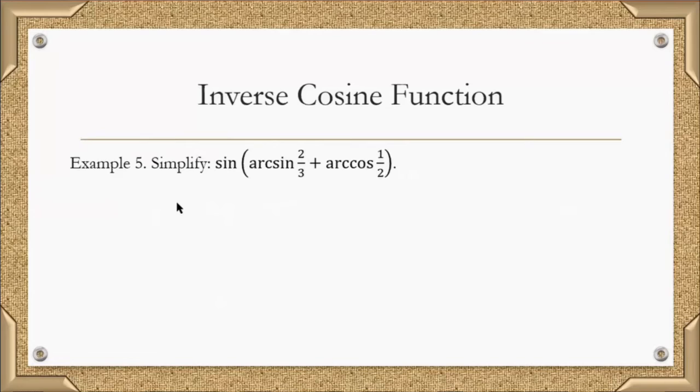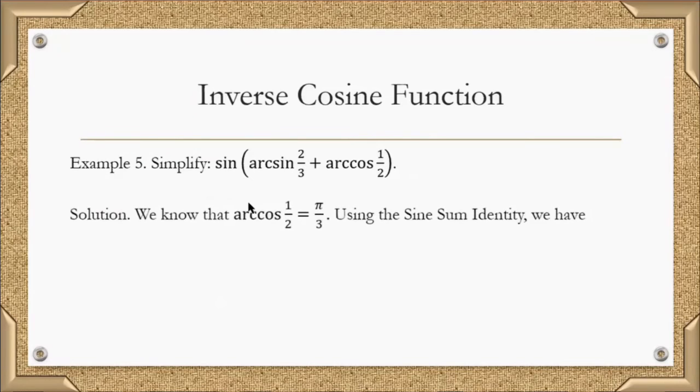Pag sinabi natin simplify, ang target natin dito ay yung exact value nitong given expression. We know that the arc cosine 1/2 is pi over 3. Meron na tayong value nitong arc cosine. Pwede mo na ngang i-direct: shift cosine 0.5, meron kang 60 degrees. Sa radian yun ay pi over 3. Then, gamitin natin yung sine sum identity.